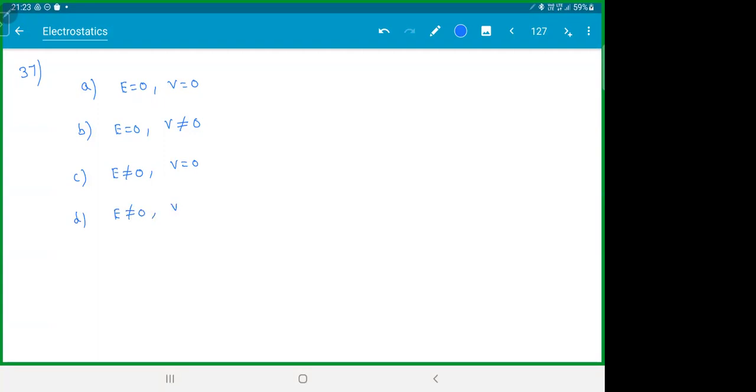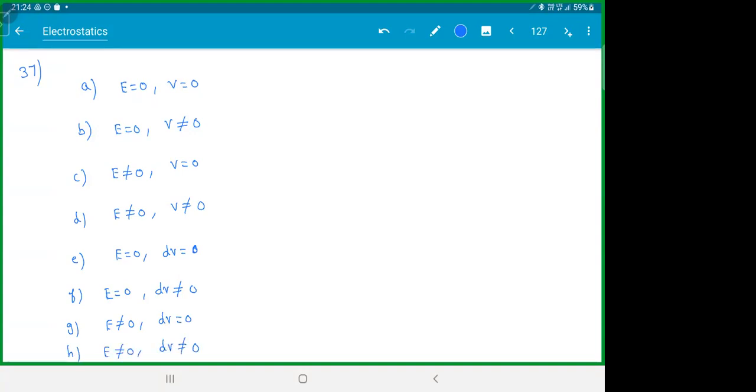E is not 0, V is not 0. E is 0, dV is 0. E is 0, dV is not 0. E is not 0, dV is 0. E is not 0, dV is not 0.